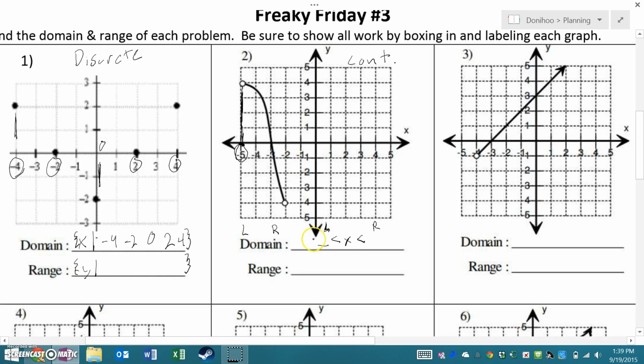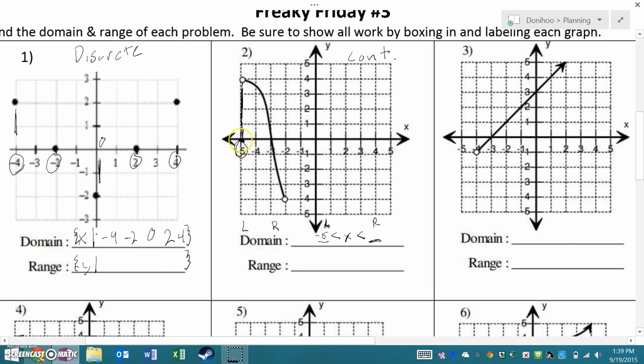Since my left value is -5, I'm going to write in here -5. Now I'm going to look for my right value. So left side, right side. Okay, so my number would be -2. Now, both points are open. That means that I will not be writing an equal to part to this inequality. So there's from left to right.